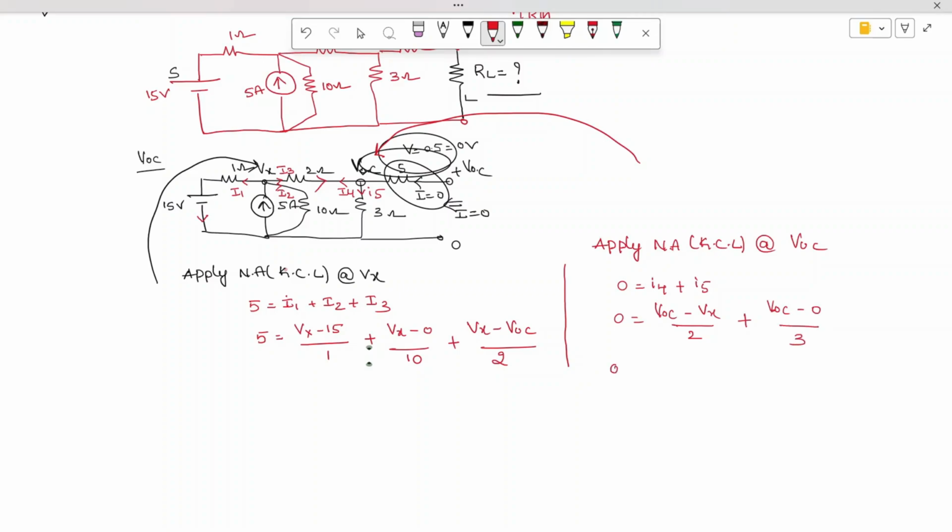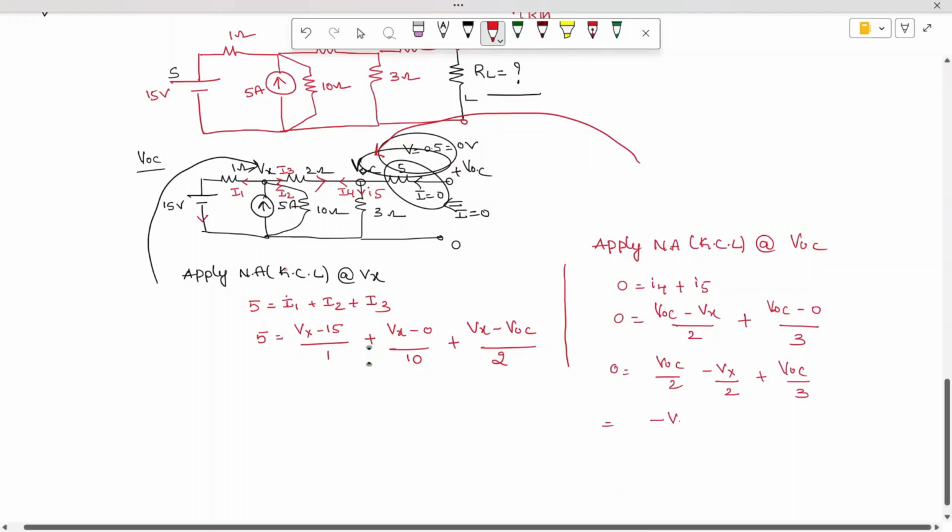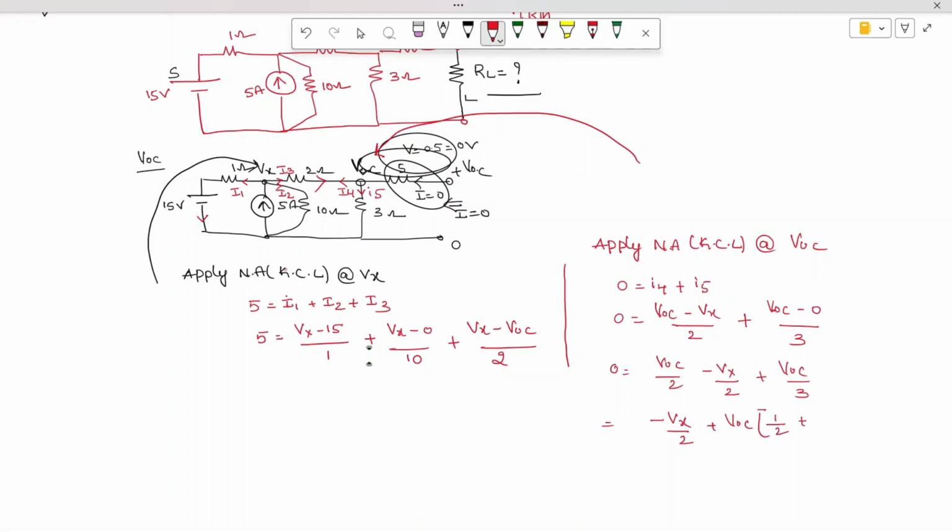When you segregate these terms, you get VOC by 2 minus Vx by 2 plus VOC by 3. So you can write it as Vx by 2 equals VOC times (1 by 2 plus 1 by 3); this is equation number 2.